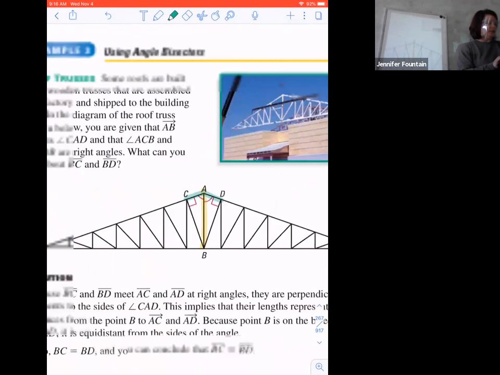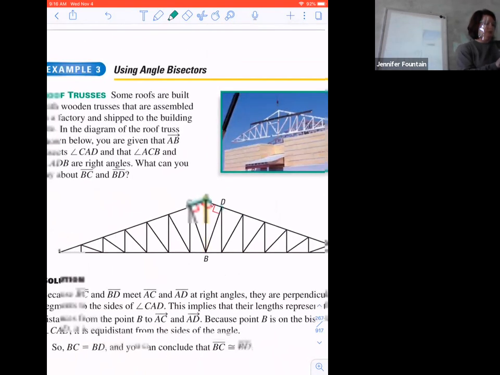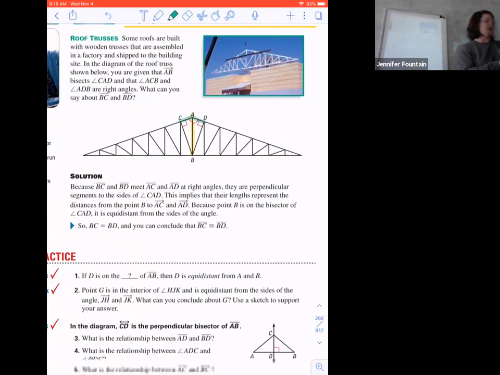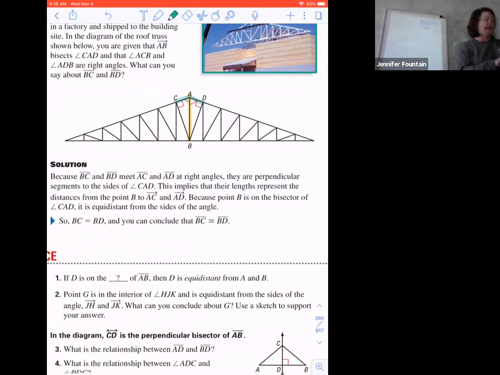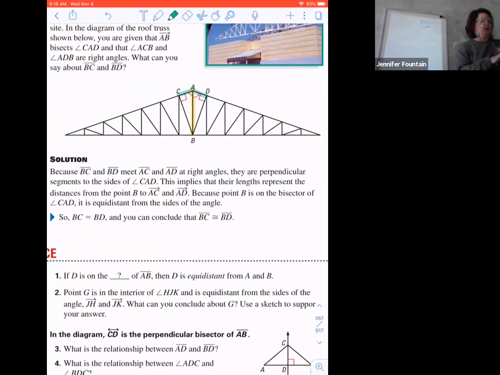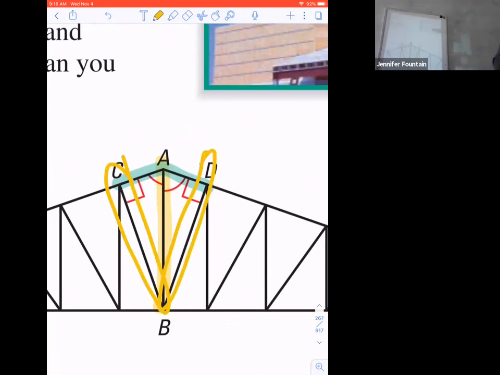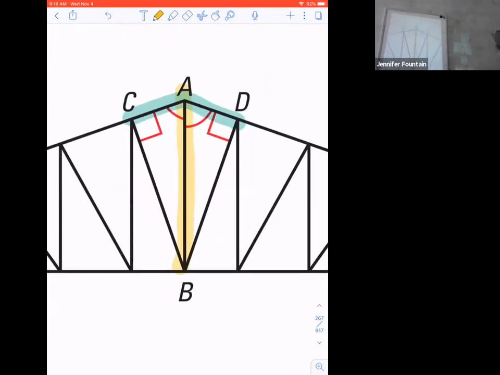So in this particular situation, it says, what can you say about BC and BD? What do I know based on what we just talked about?